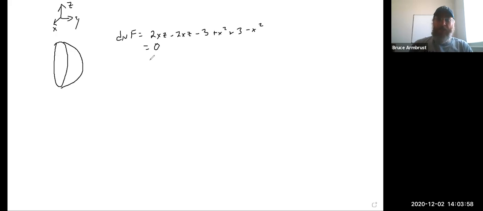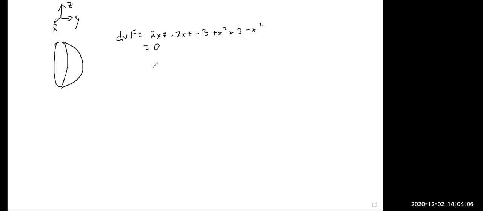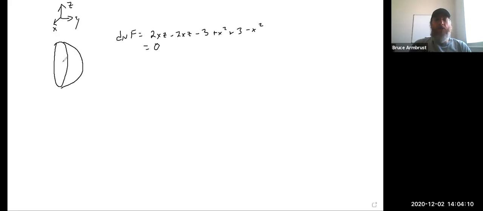Ooh, what does that tell you about this thing? What do we call a field whose divergence is 0? Source free. Yep, it's source free. So we know that for any enclosed region, the total flux is 0, right? So we know that the flux over the closed surface is 0.